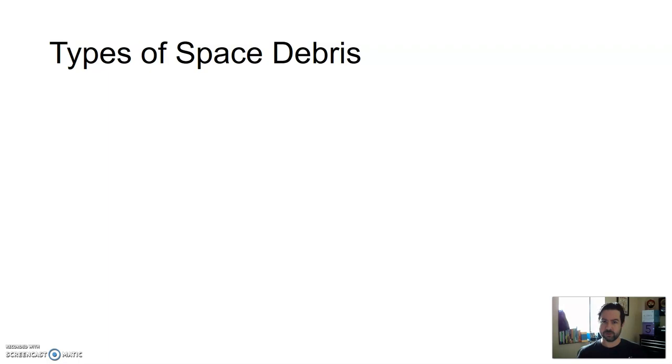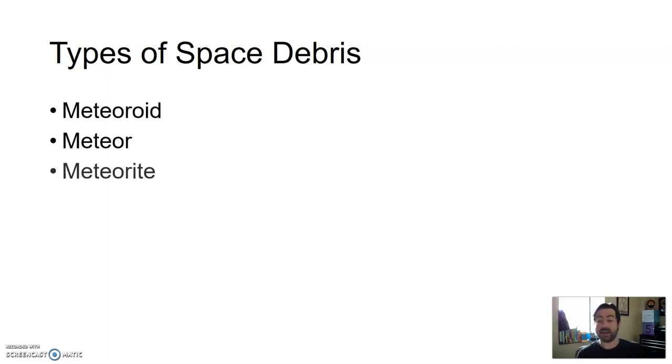The first few terms I'm going to break down are meteoroid, meteor, and meteorite. These are actually all three different names for the same thing. Remember back when we were talking about volcanoes, molten rock was magma underground, but as soon as it erupted, we call it lava. Just different names depending on where it's at. Kind of the same thing here.